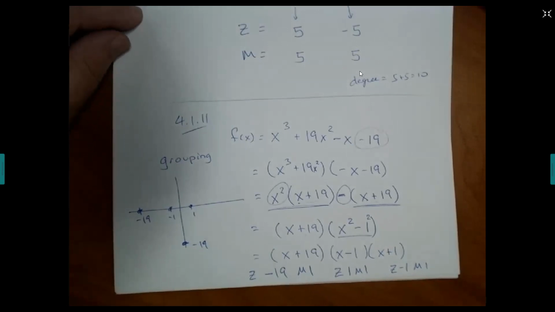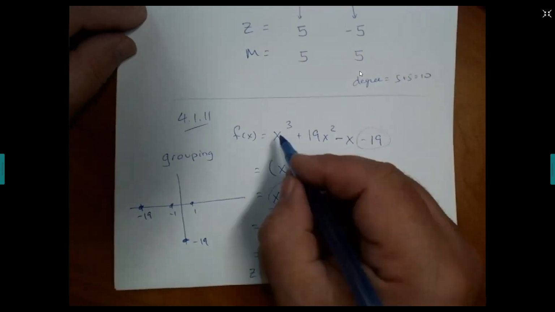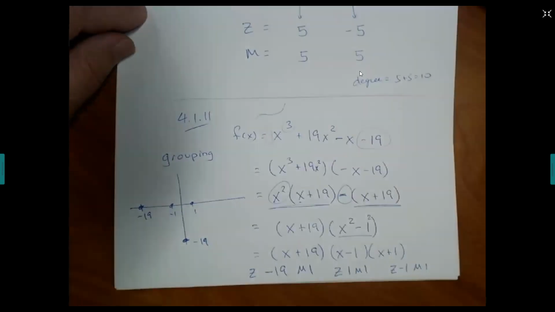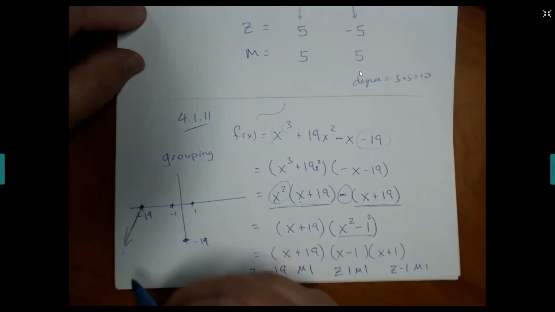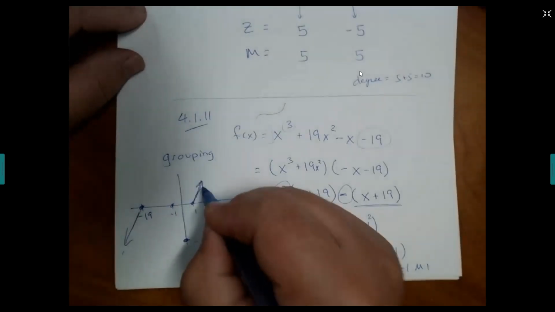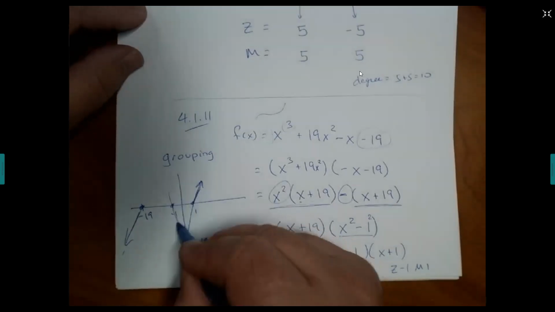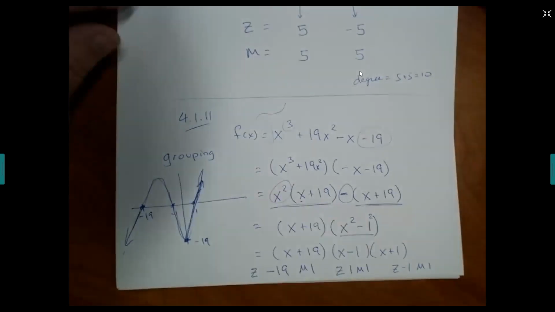What's the end behavior? Right, because the coefficient is positive, it's an odd degree, so this end has to be going down, this end has to be going up. It looks something like this. So we go rough sketch it really quick and then find certain points.